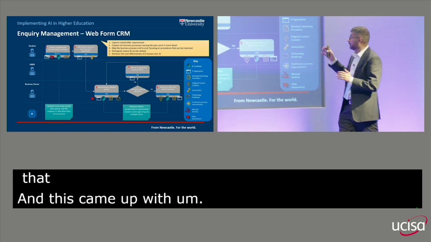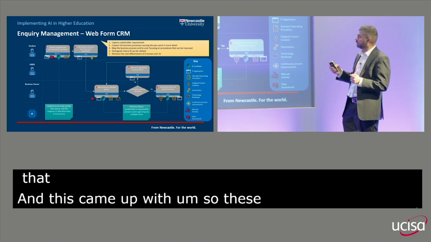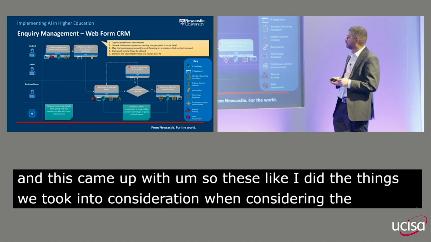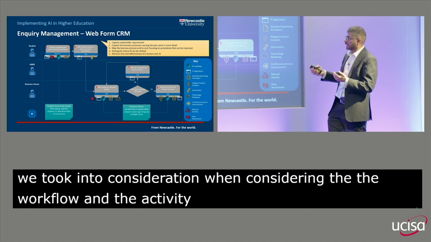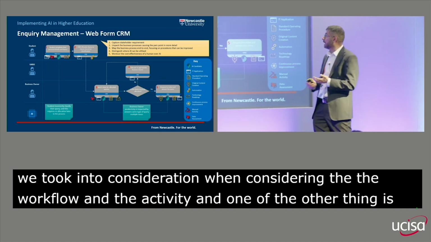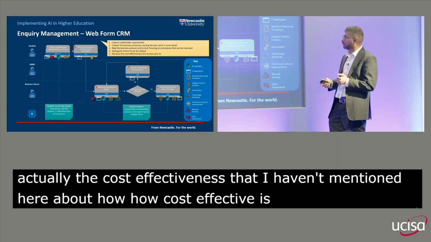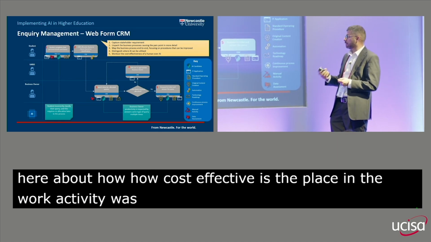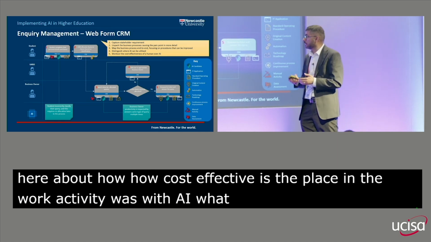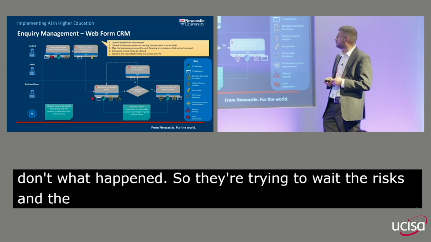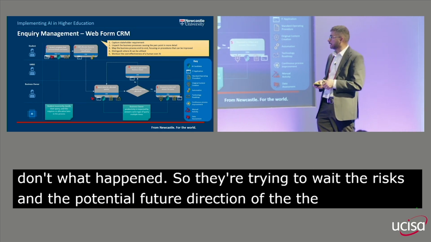These are the things we took into consideration when considering the workflow and the activity. One other thing I haven't mentioned here is cost effectiveness: how cost effective is replacing a work activity with AI? And what if we don't? What happens? They're trying to weigh the risks and the potential future direction of the different activities here.